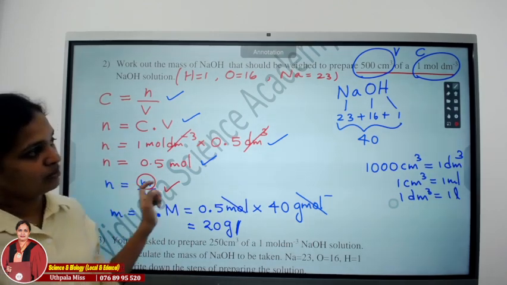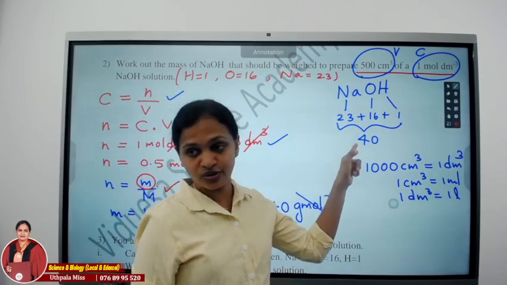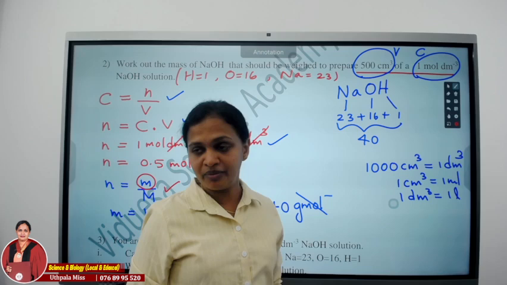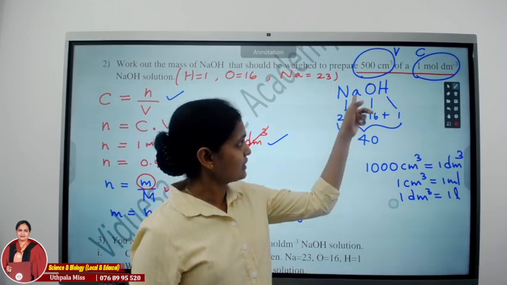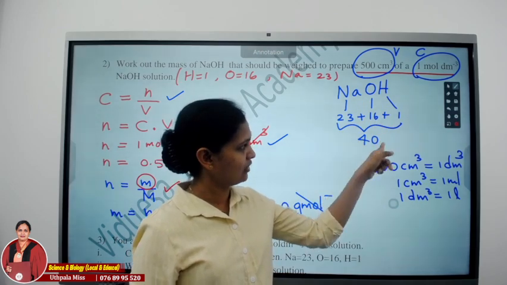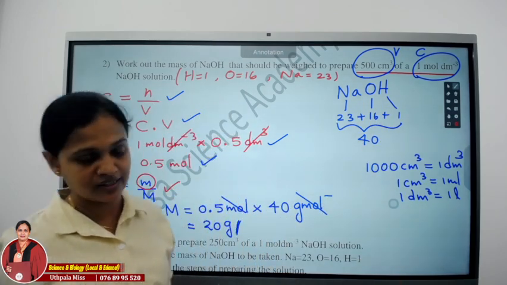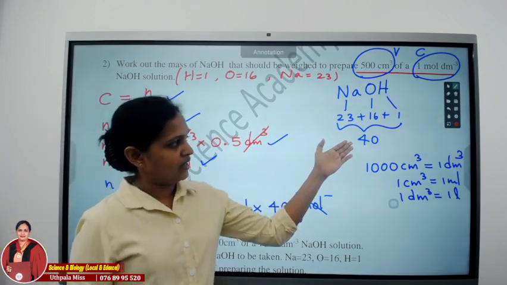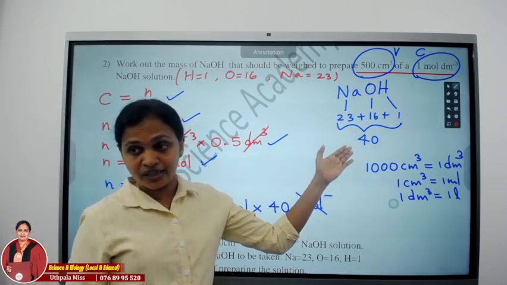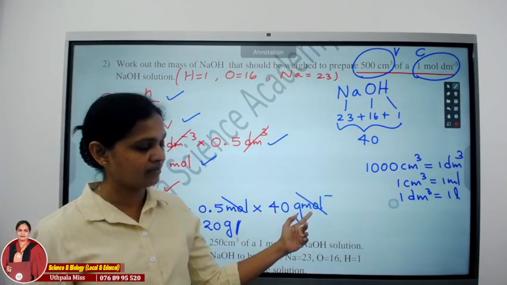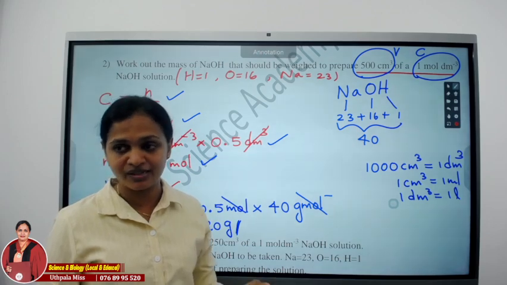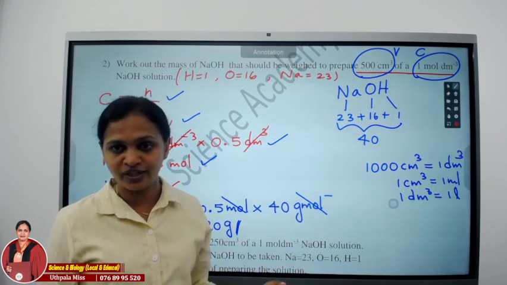For the molar mass we should know the relative molecular mass of sodium hydroxide, that is 40. Once we take the relative molecular mass in grams, it is equal to the molar mass, the mass of 1 mole of sodium hydroxide.